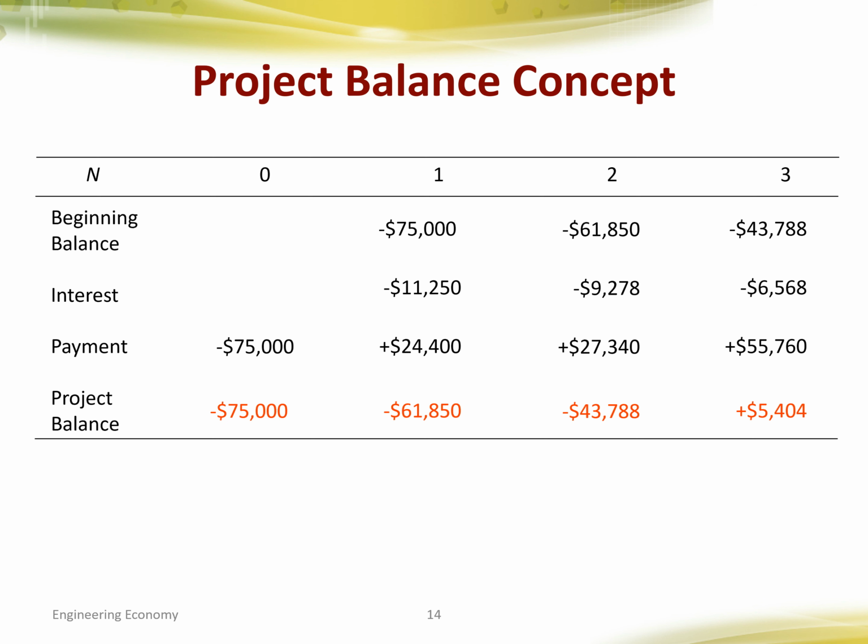And in the beginning, we have a payment, we have investments, 75,000. Then again, over this period, there's cost incurred, right? Interest. So add them together, and there's some return, and we get 61,850. And this value will be beginning balance.